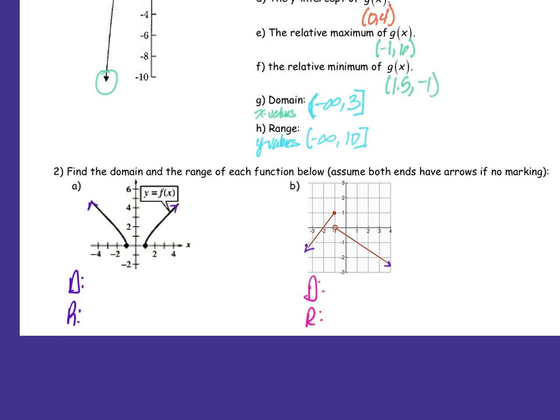So this one is a little more complicated. My domain for this one is going to be negative infinity, not included, to negative 1, included. And then there's a break.